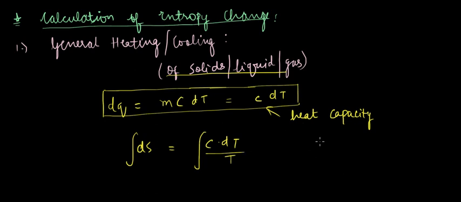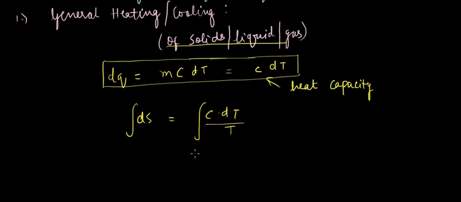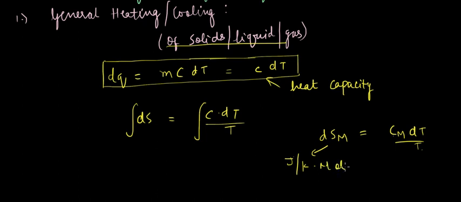So for calculating the entropy per unit mole, we can write this as Cm, which is molar heat capacity, dT upon T, where Sm would have unit joule per mole Kelvin.